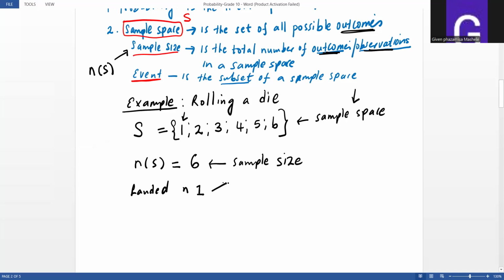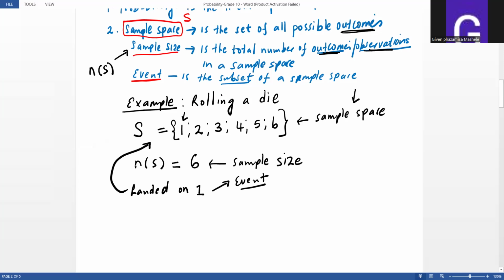For a die to land on 1, this is an event, and we can take this event as a subset of the sample space.